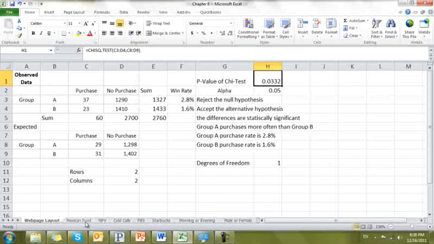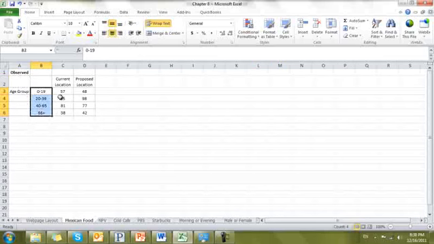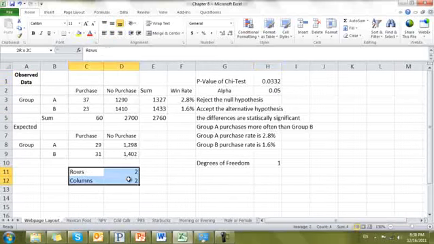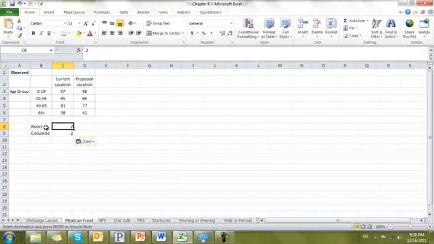Let's look at another example. Here we have different age groups in 2 different locations, the current and the proposed. Now, in this case, we have 4 rows, but our columns is still 2.